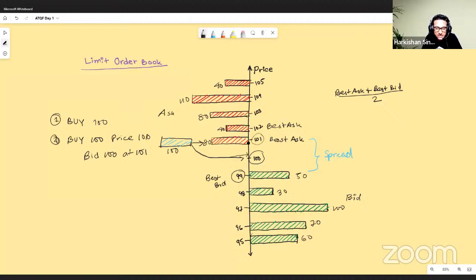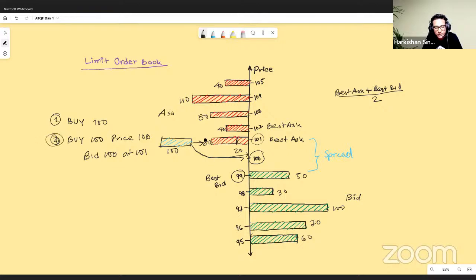But since it's going towards 101, and here 80 is available, out of 100, 80 will get executed, and here 20 will remain, and those 20 are this guy's order.